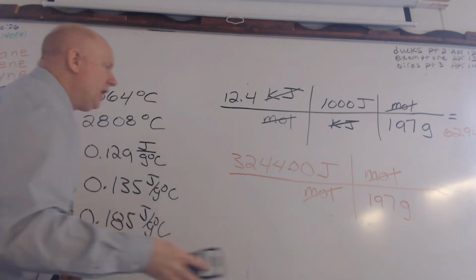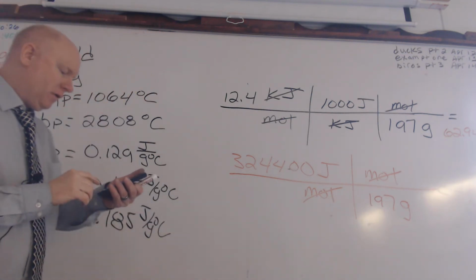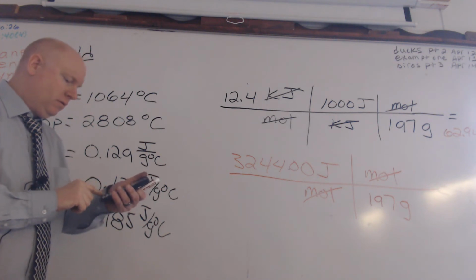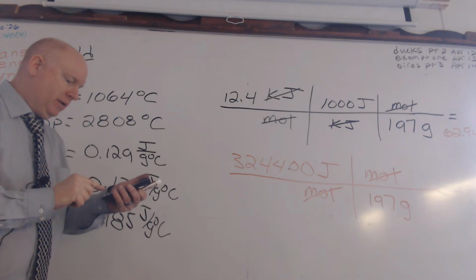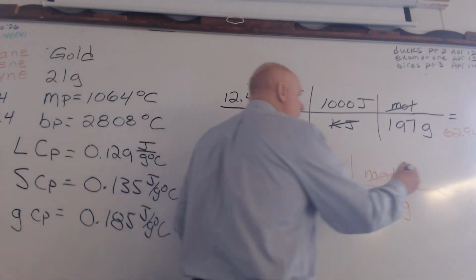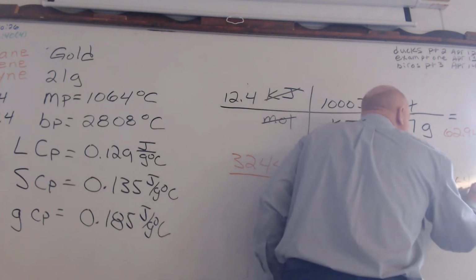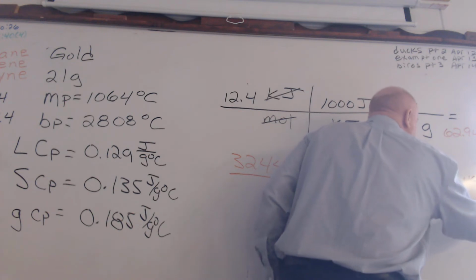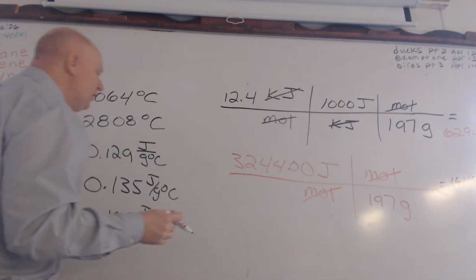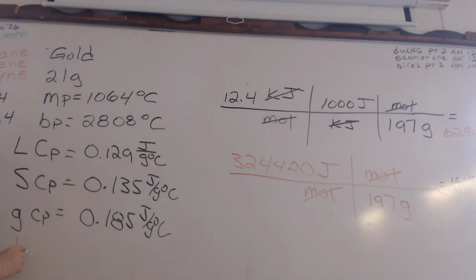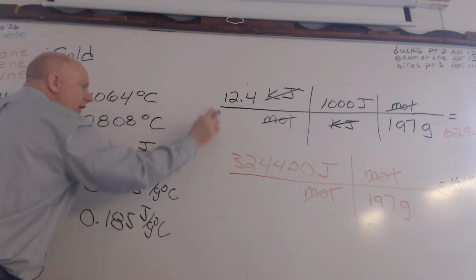Then on this bottom one, 324,400 divided by 197. That gives us 1646.7. 1646.70 joules per gram. Okay. So this is also given information you would have to be given, or at least be able to have this number to calculate that.